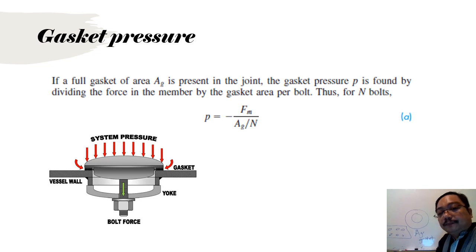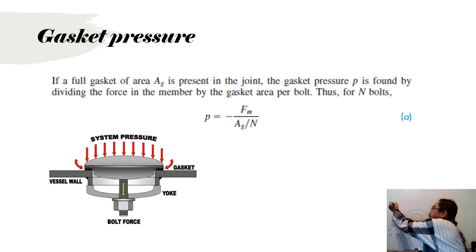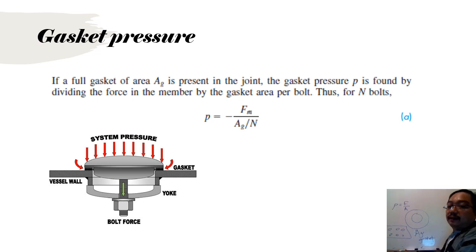The pressure comes from the normal pressure calculation: P equals F over A.